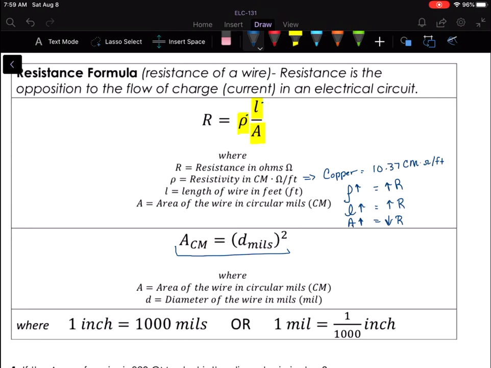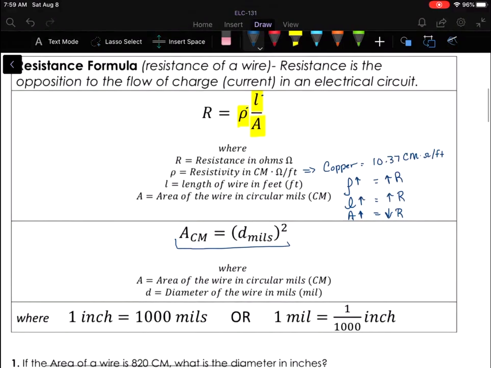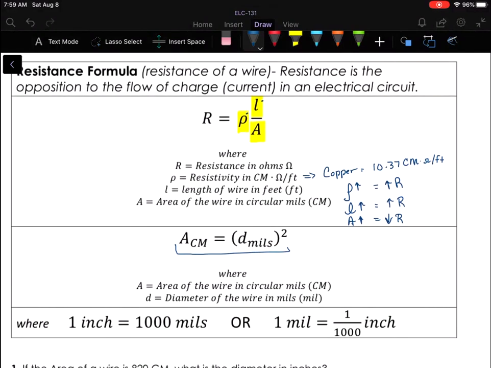But in circular mils, we're going to calculate that using the mil squared. Basically all you need to understand about mils is that 1 inch is equal to 1,000 mils, or a mil is equal to 1/1000th of an inch.